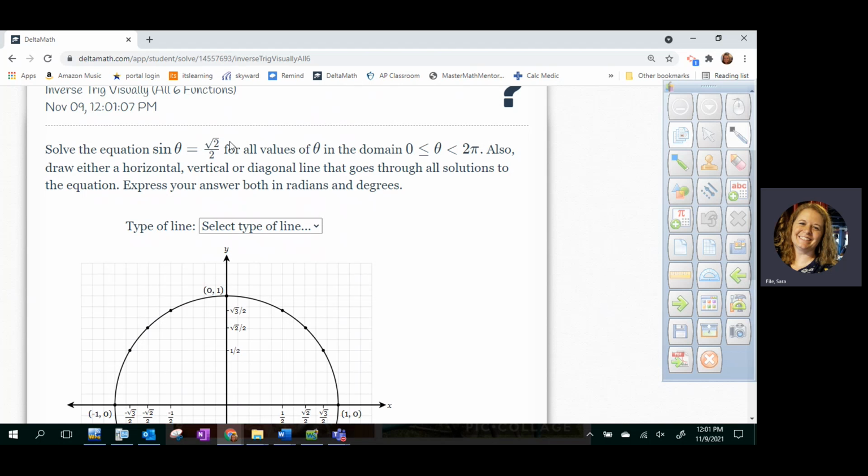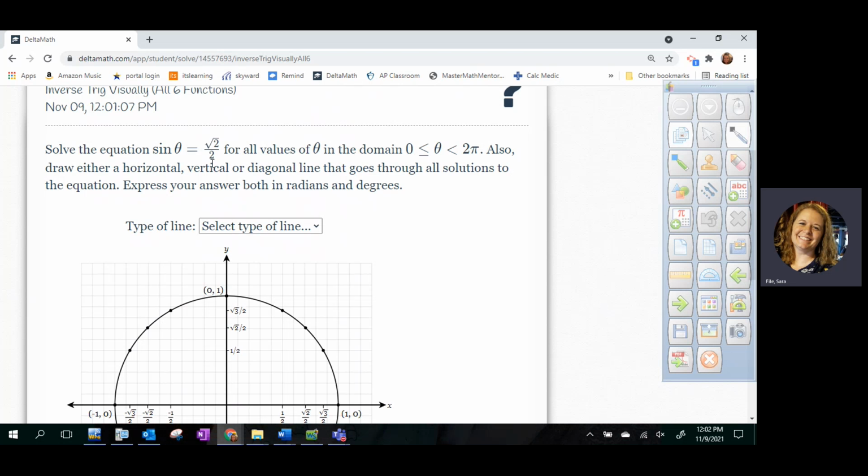So you can use your unit circle. Remember, you don't have to have the unit circle all memorized. I'm going to give it to you on the test, and you got to use it. It was open note on the quiz. So square root of 2 over 2 is the sine, or the y value of the ordered pair at pi fourths, or 45 degrees. And sine is positive in both quadrants 1 and quadrant 2.